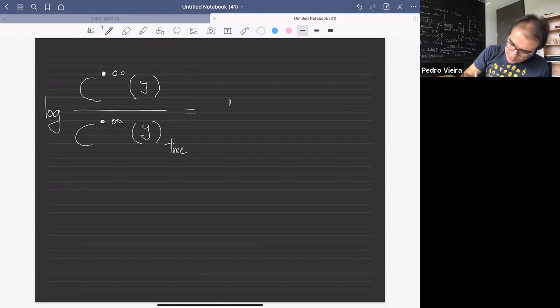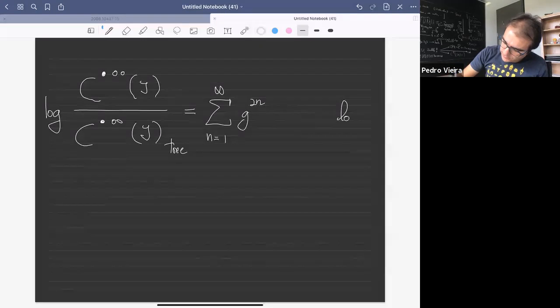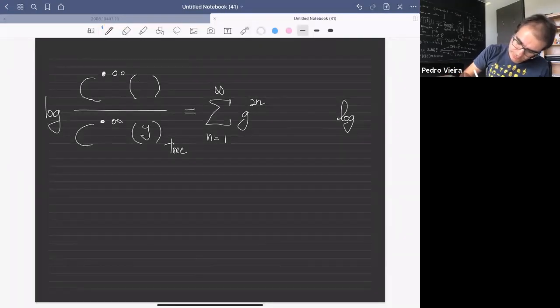So it's also a sum from n equal 1 to infinity, g^{2n}, g is the coupling. And then there are also the logs, log of spin. I replace spin by j, sorry.